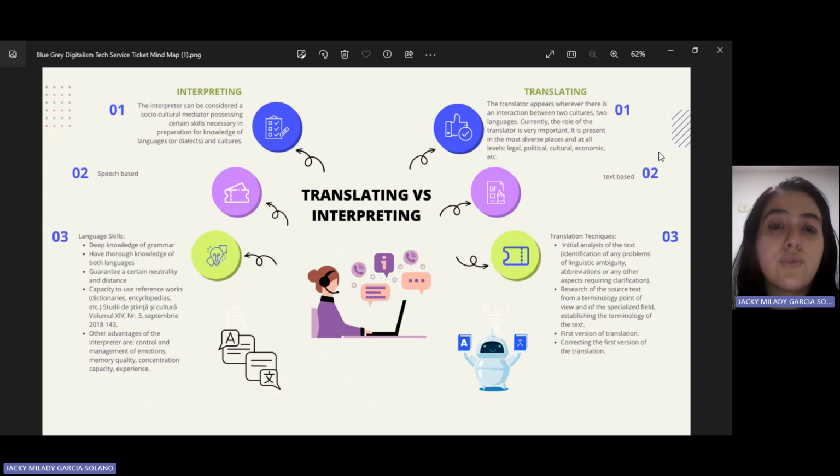We also have to correct the first version of the translation and do a lot of editing based on the document. So those are some similarities between translating and interpreting, and also some differences that they have from each other.